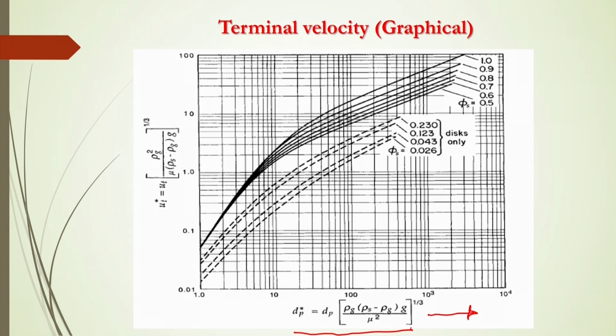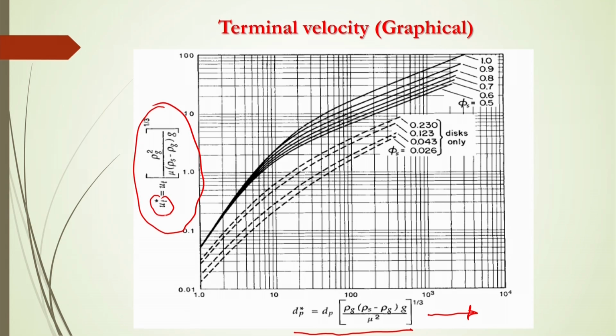And on the y axis is u t star, that is for terminal velocity. So, by this, how u t, that is terminal velocity, is related to the particle diameter.